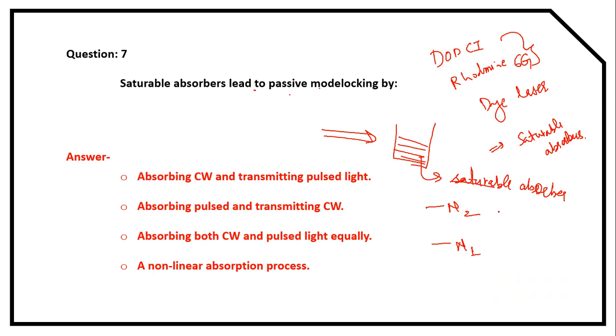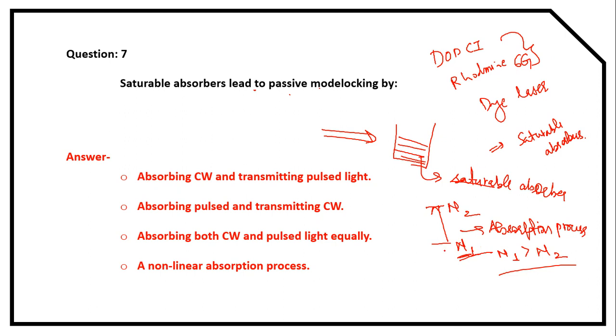If the incident light beam is of sufficiently low intensity, it excites only some of the population from n1 to n2. So in this case, absorption will occur. Only some population of n1 will reach n2, and the rest still resides in n1, so the relation that continues to exist is n1 is greater than n2.